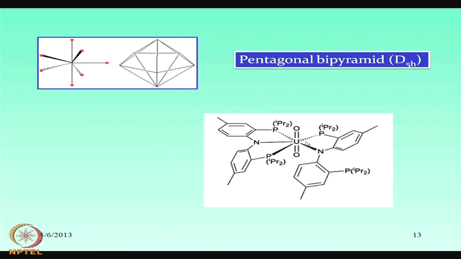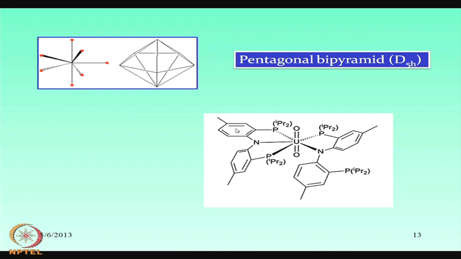So, this is one particular situation where one plane is occupied by 2 such ligands. They are of the same ligand, which is a tridentate ligand, a nitrogen phosphorus bearing NP2 type ligand. In one half it is coordinating through one phosphorus, nitrogen and phosphorus.